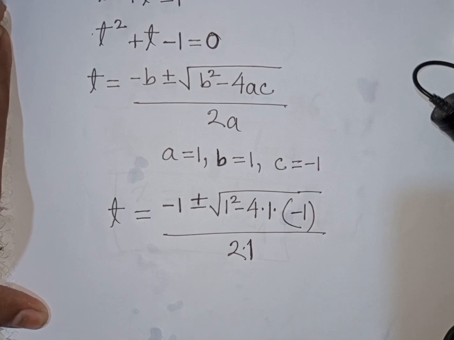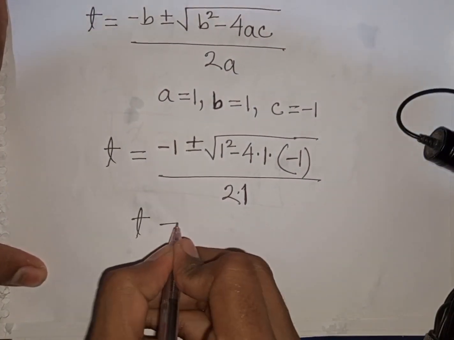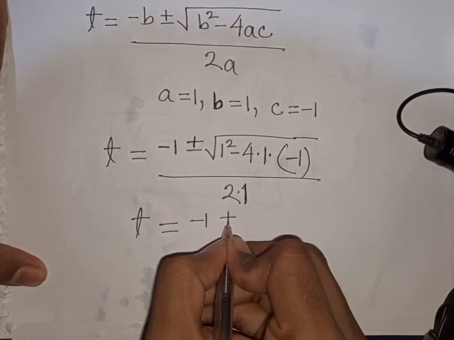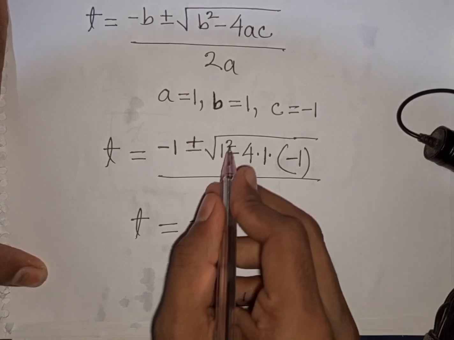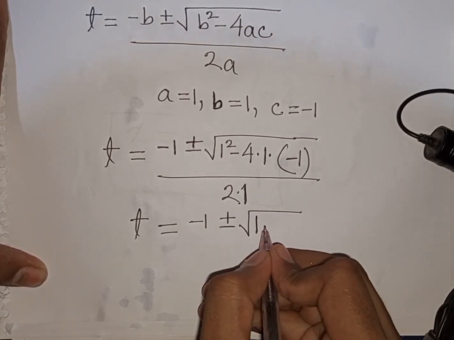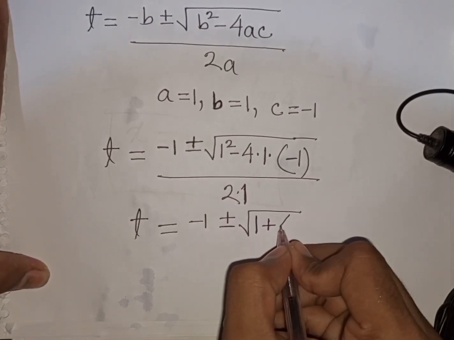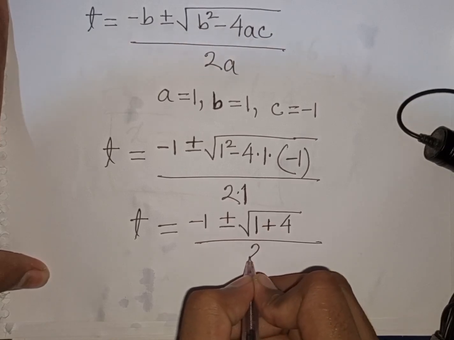Now, I can write here t is equal to minus 1 plus or minus a square root of 1 square is same as 1, then minus times minus, that means plus, 4 times 1 times 1, that means 4, then divided by 2 times 1, that means 2.